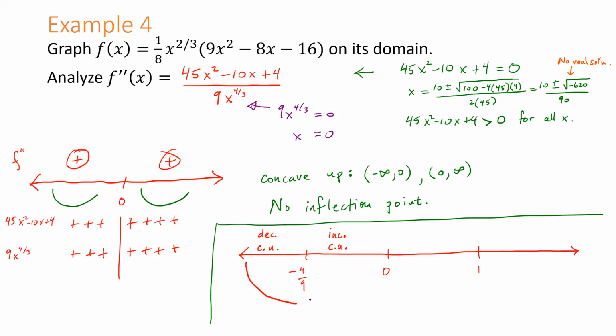So increasing and concave up, so something like this maybe. From 0 to 1, now it's going to be decreasing, and it's going to stay concave up. So again, more like it was here, right? And then here, increasing and concave up.